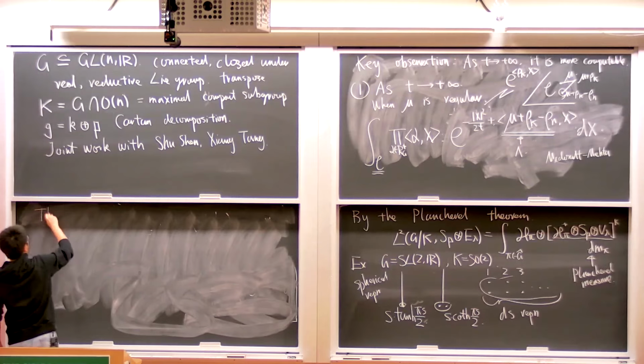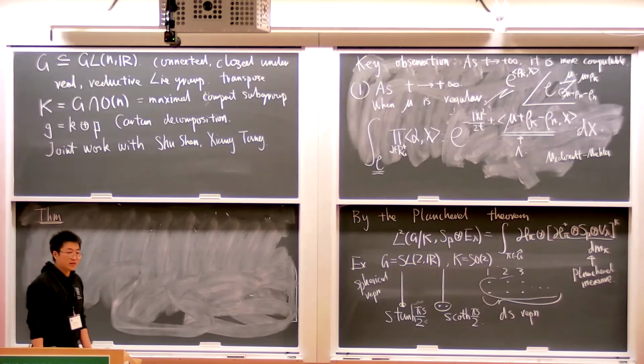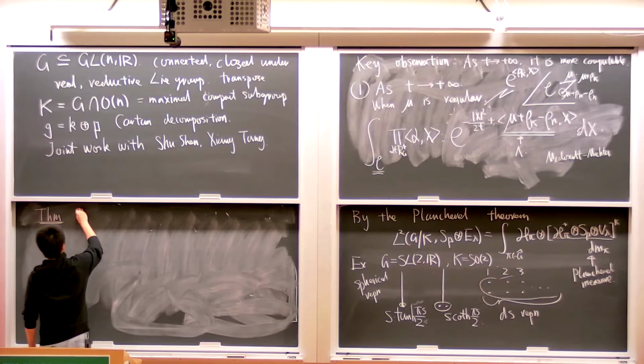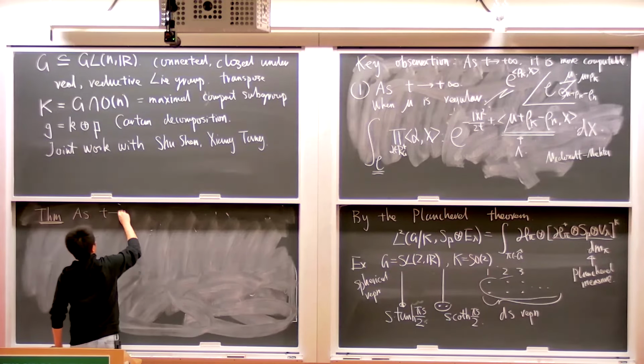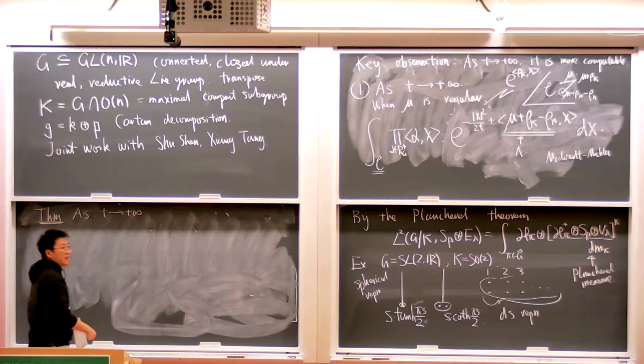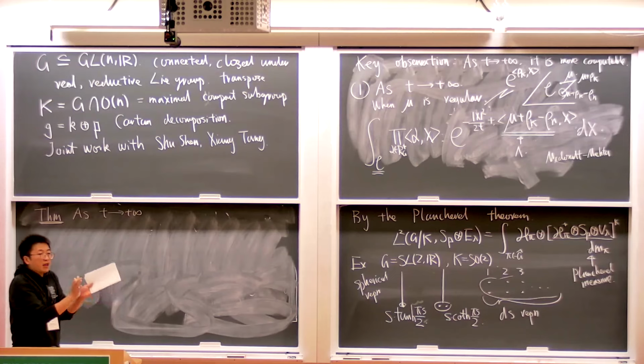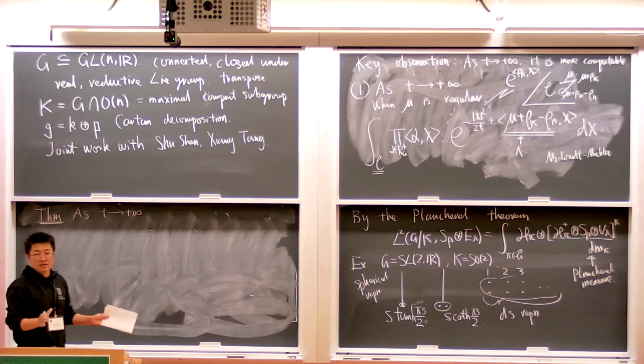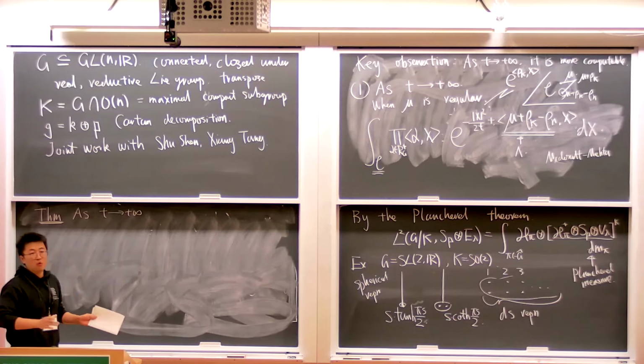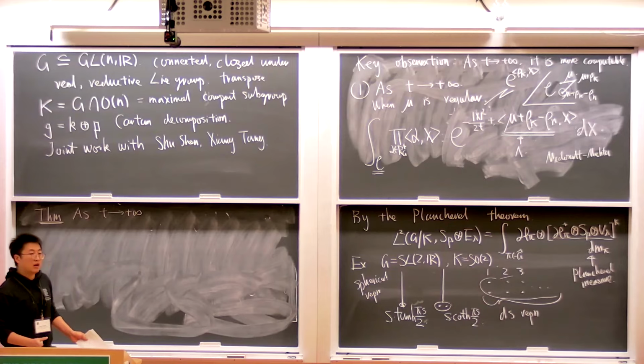This is not really a theorem, just some observation. What we can show is that as t goes to infinity, mu plus rho k minus rho n, this lambda, could be singular. It can be on the wall of the Weyl chamber. It could be far outside this Weyl chamber, which will no longer be the discrete series case.